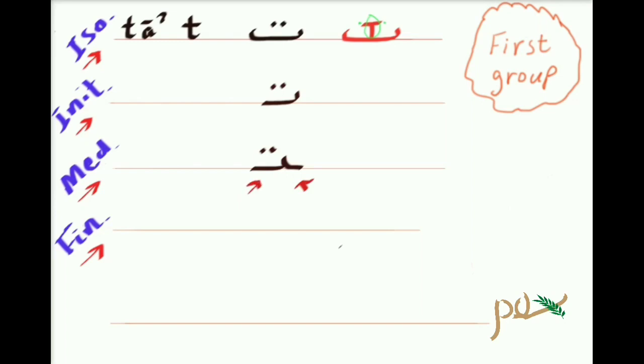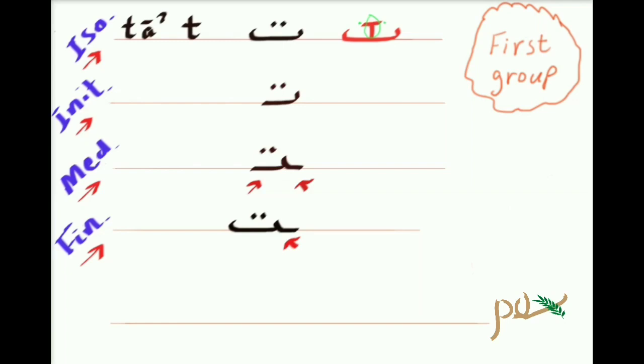The final form seems exactly like the isolated form. The only difference, as we have said earlier, is this dash, which makes the letter connectable to the one before. This is the final form of the letter Ta.